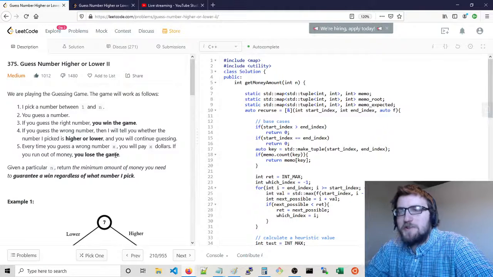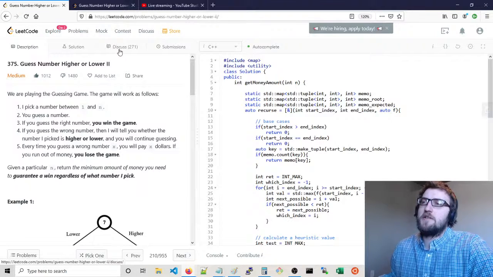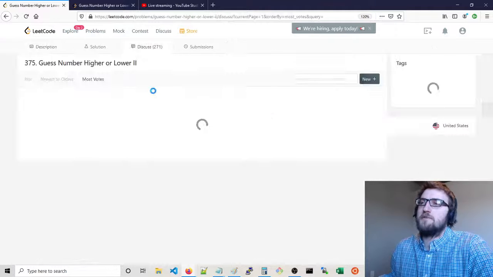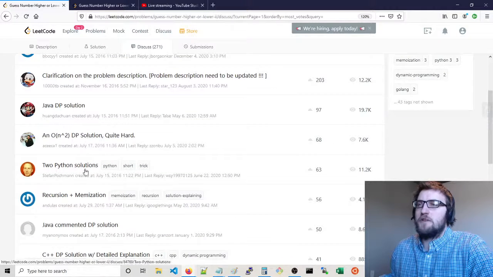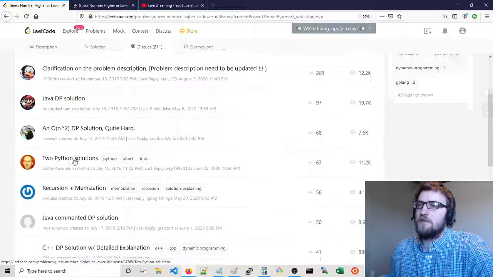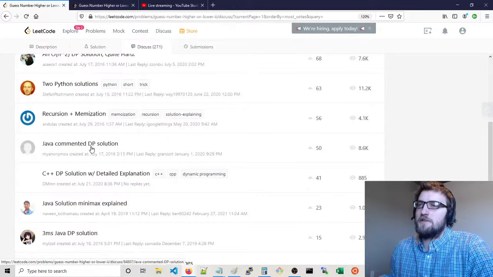So pretty interesting question. Let's briefly look at the discussion. I think maybe I'll have to come back to this again to really understand the discussion portions. O(n) squared, quite hard. Yeah, wow, okay. Recursion, memoization.